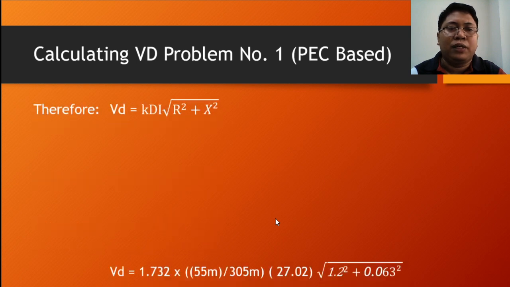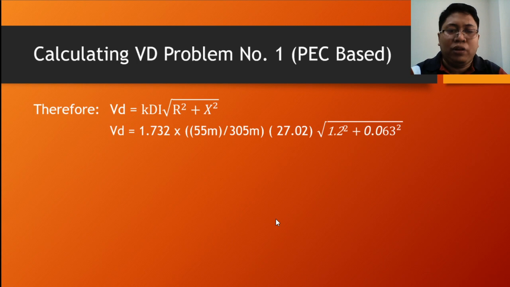Using the formula, 1.732 multiplied by 55 divided by 305. Pwede natin siya i-direkta kasi meters naman yung value nung given natin.